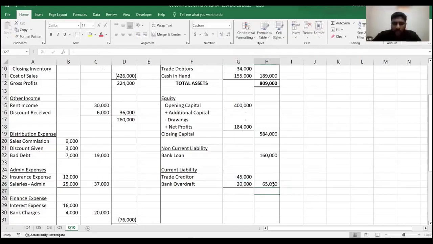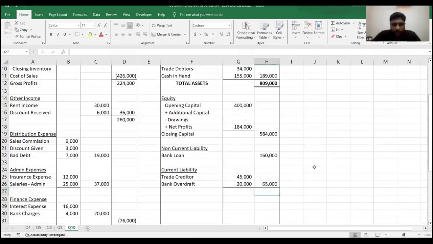So total current liability is 65,000. Then total equity and liability summing up to 809,000.